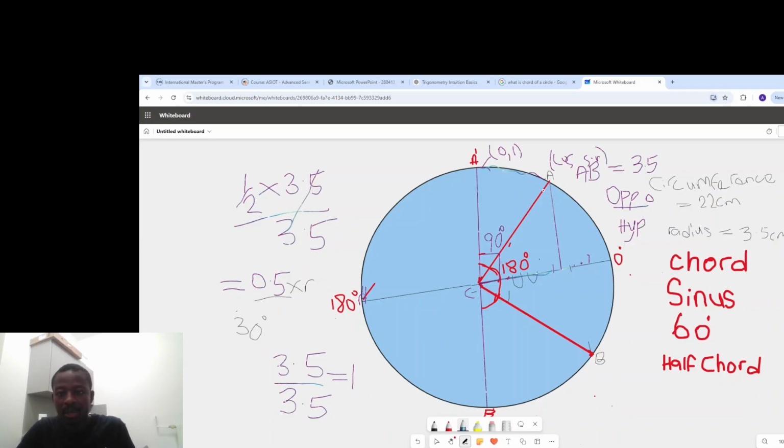From here to here is the hypotenuse, and here the half chord is the opposite.